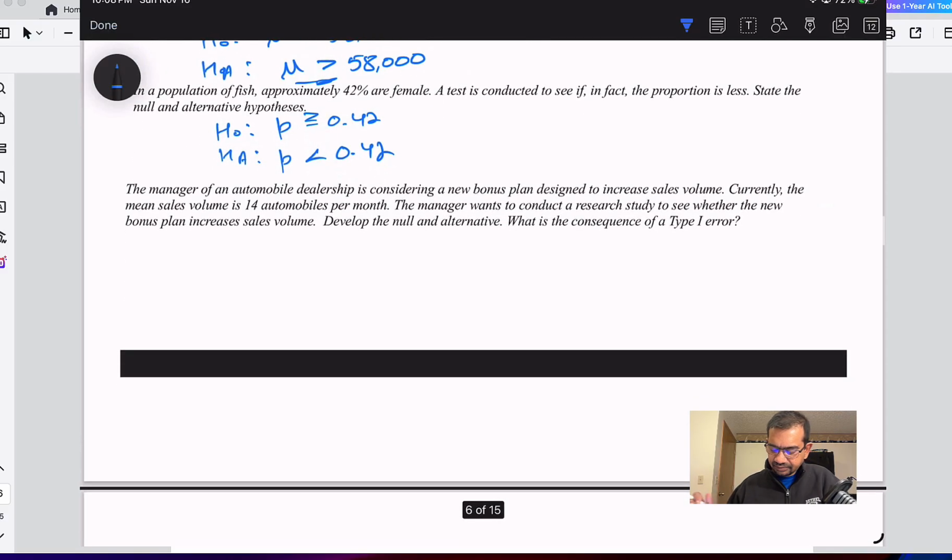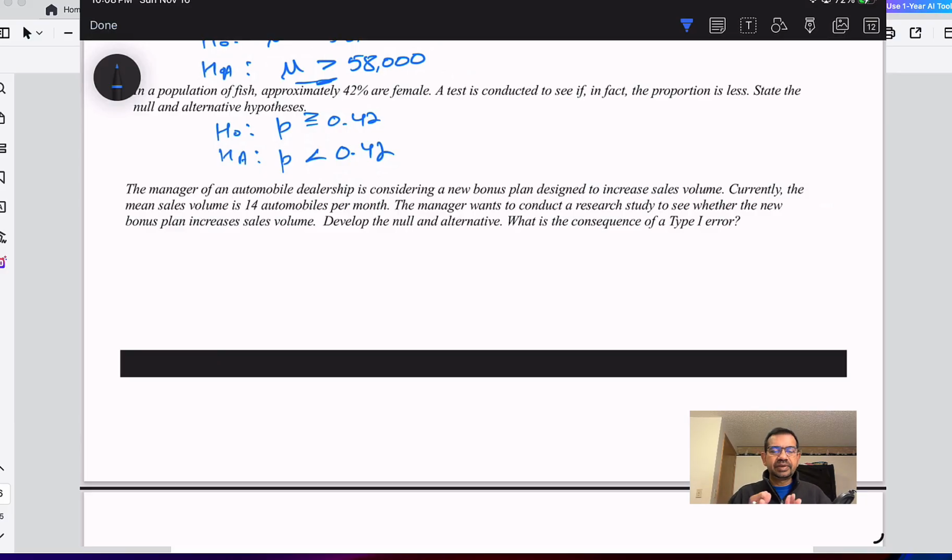Now those were claims. Now look at this third example. Here we have a current plan in place in an automobile dealership, and right now the mean sales volume by the various dealers is 14 automobiles per month. The manager has come up with a new bonus plan, and she wants to see if this plan will be successful.